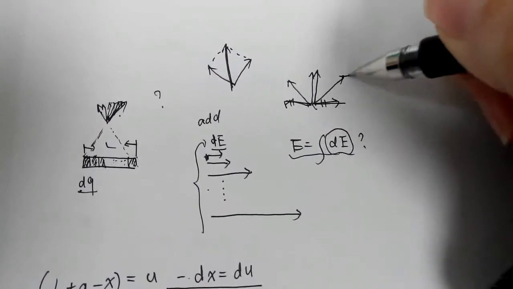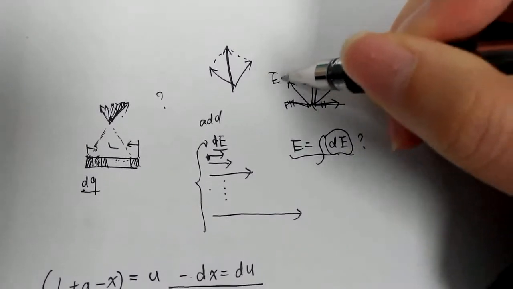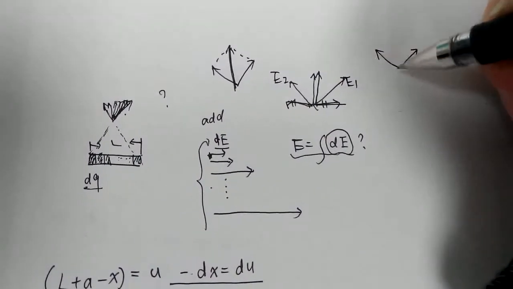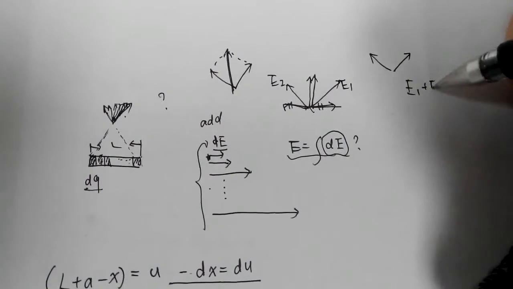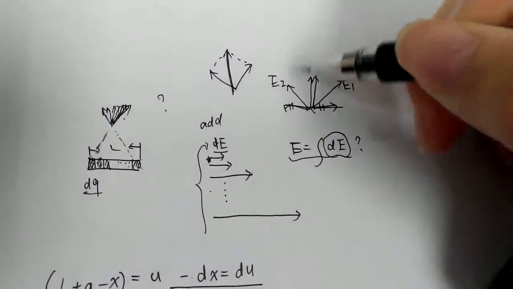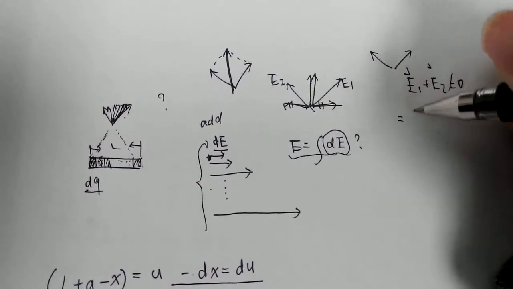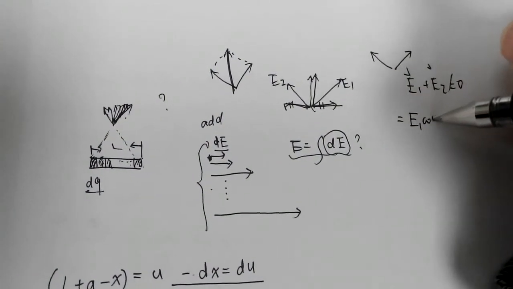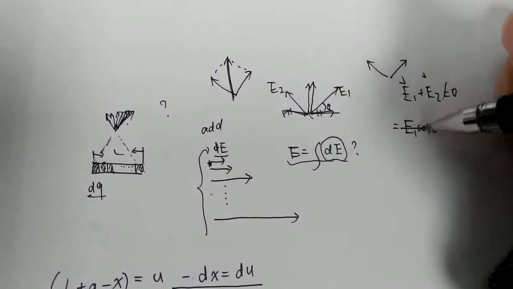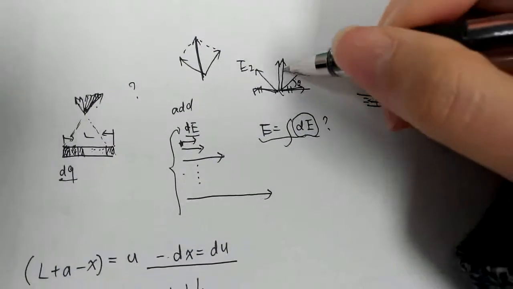But please note, this E1, E2, it doesn't mean E1 is symmetric to E2, so E1 plus E2 equal to 0. No, it's not equal to 0. It's equal to E1 cosine theta. Sorry, if here is cosine theta, then this will be sine theta. This will be E1 sine theta.